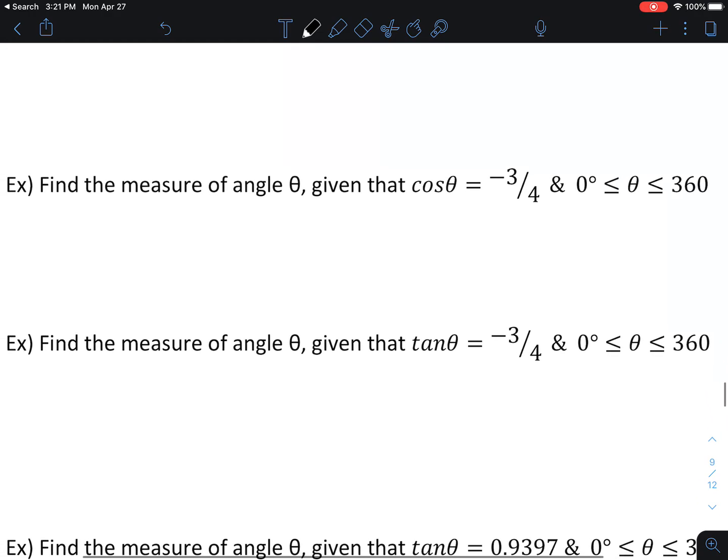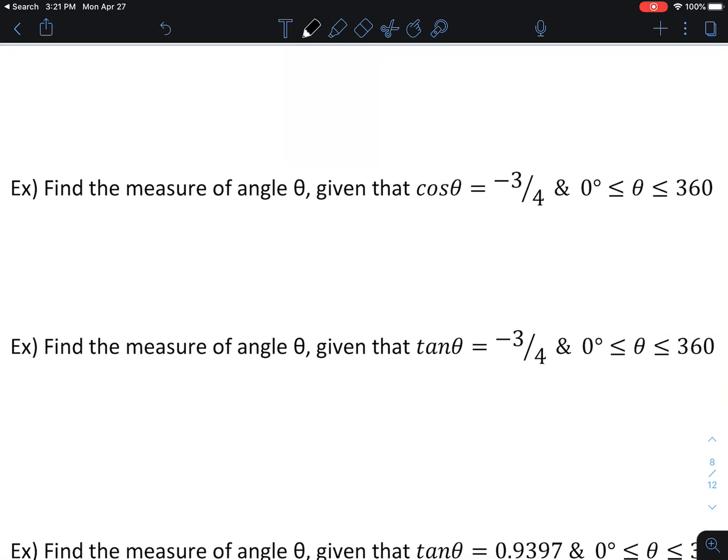All right, let's see some more examples with cast rule. Find the measure of an angle theta, given that cosine theta is negative 3/4. I'm going to start by thinking about where cosine is negative. Well, here and here, because here they're all positive, and this is where cosine is positive.